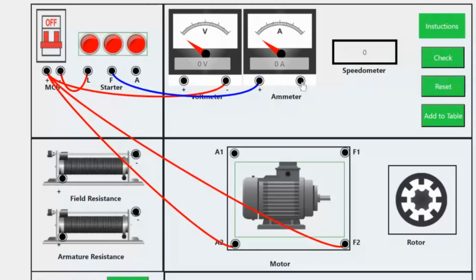Negative terminal of the ammeter is connected to the positive terminal of field rheostat used to vary the field current. Negative terminal of the field rheostat is connected to F1 port of the DC motor.